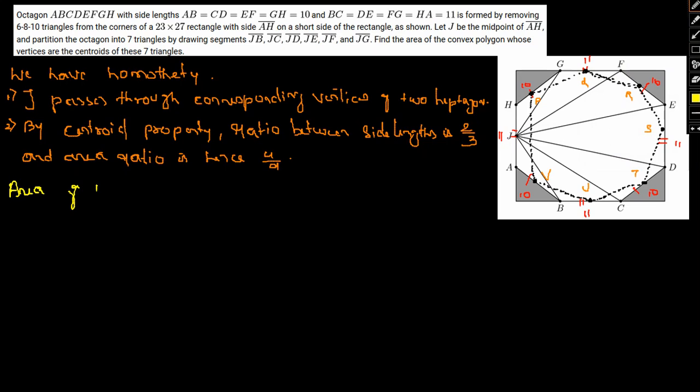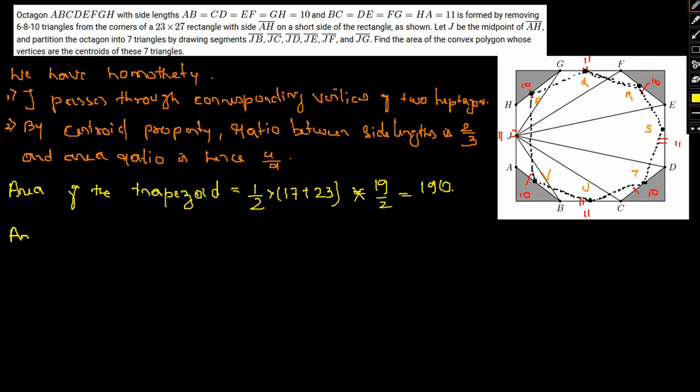Area of the trapezoid will be half into (21 plus 23) into 19 by 2, which would in turn give us 190.